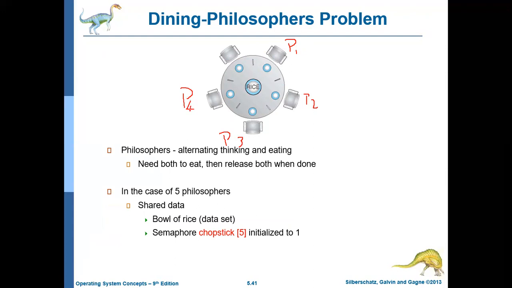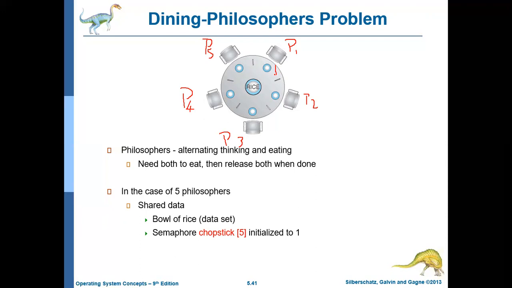Sometimes this situation may arise. Even though the solution gives a solution, this particular problem still exists. So all the five philosophers want to eat at the same time, and they picked the chopstick which is at the left.